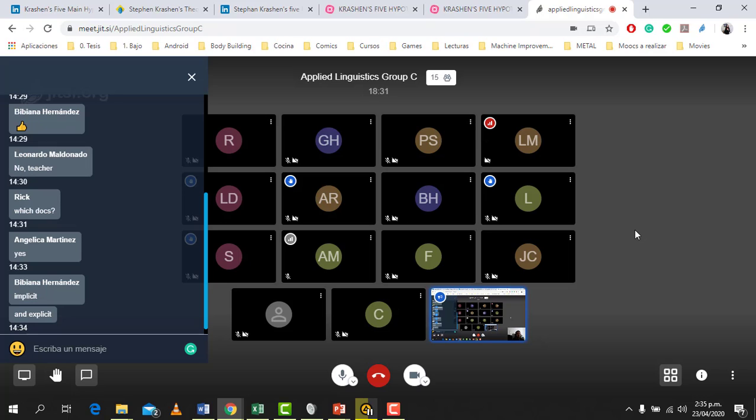And the explicit one, as the word says, you're going to explain everything, right? Using cues or metalinguistic issues, and also, for example, using some other elements like paralinguistic signs, right?